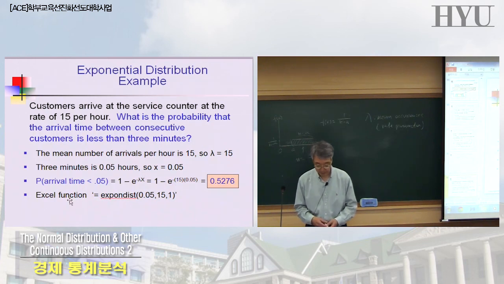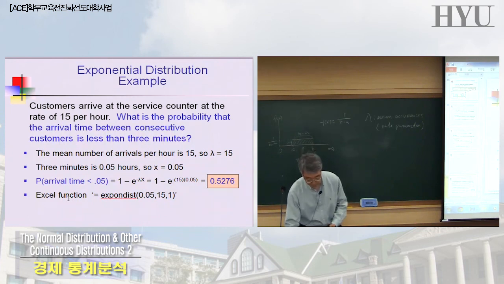One thing you have to notice here is that if the average arrival is measured per hour, then you have to convert the x value to hours instead of minutes, right? Since 3 minutes is 0.05 hours, or 1/20th of an hour, the x value becomes 0.05. So you have to convert minutes to hours.